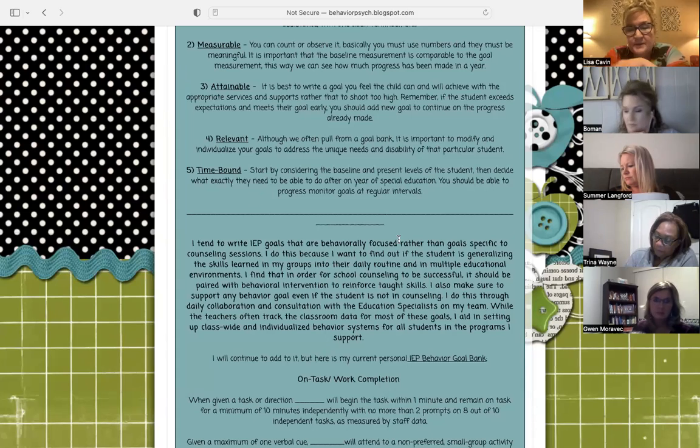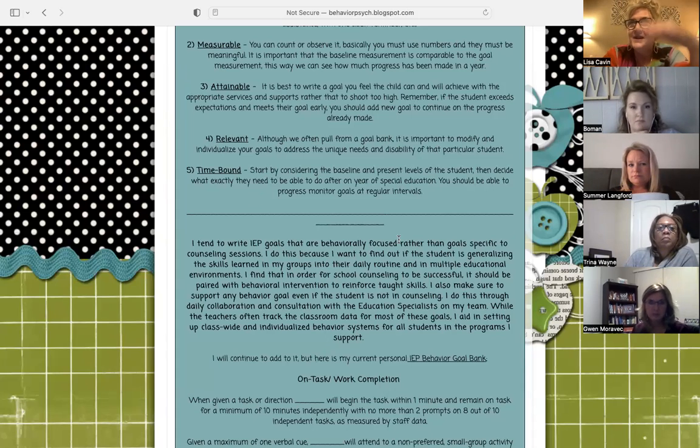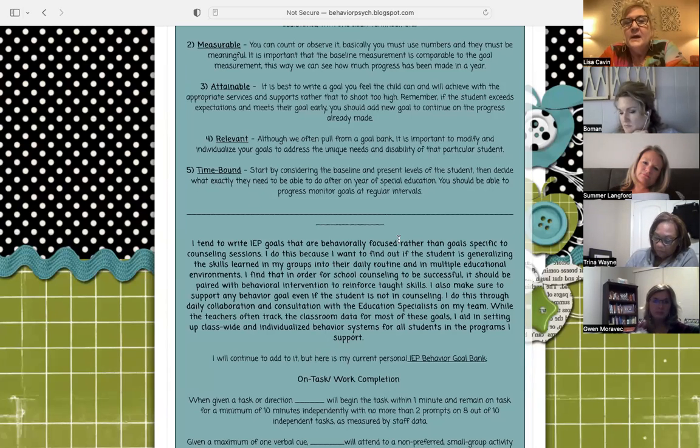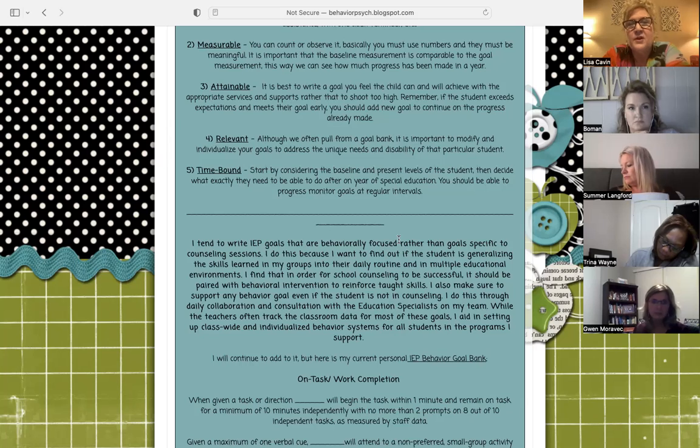So we'd rather get in the ballpark and then have to write a new goal than to always be writing goals that are unachievable. Remember, if the student exceeds expectations and meets their goal early, like I said, we can always write a new goal. It's better to be able to mark goals off and say achieved, achieved, achieved, than to never have one that's met.